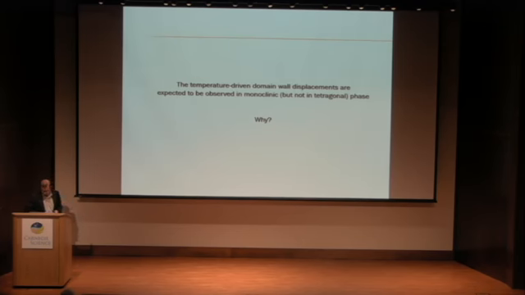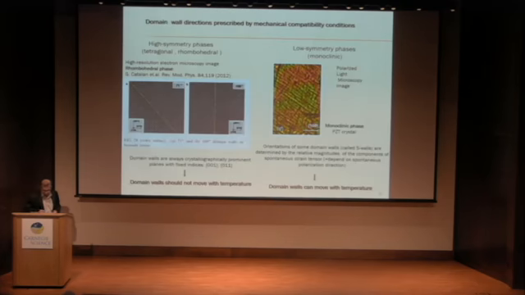Why didn't we expect temperature-driven motion of domain walls in the high symmetry phase?